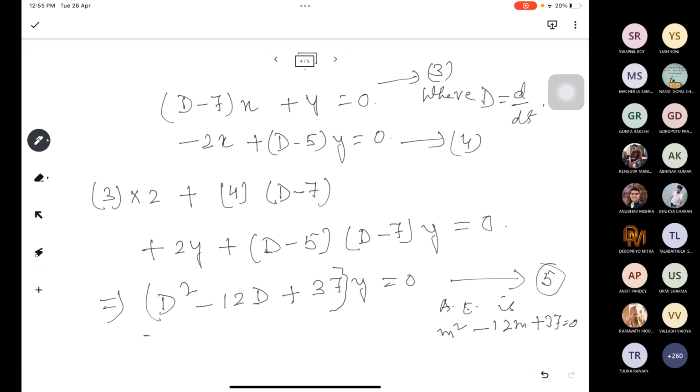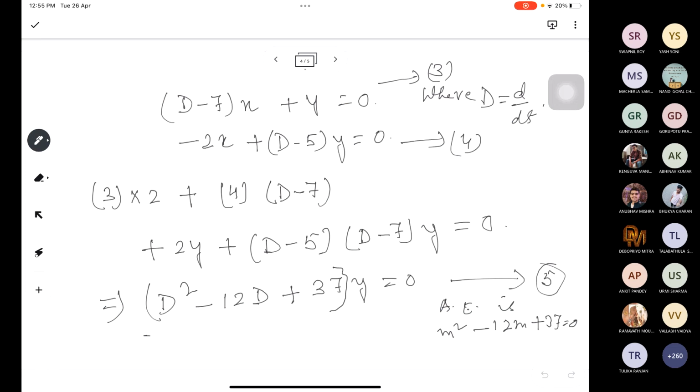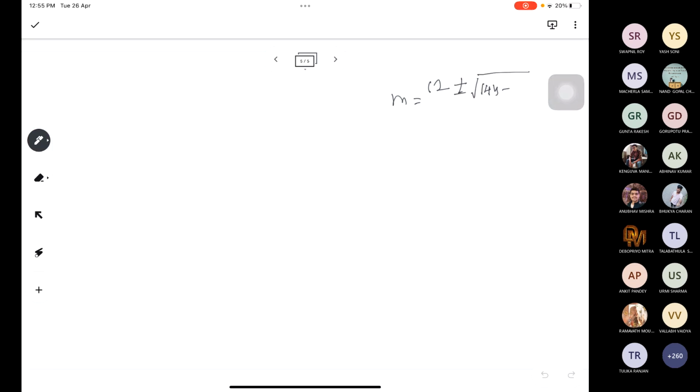So m will be equal to 12 plus minus the square root, divided by 2. 12 by 2, that is 6 plus minus.